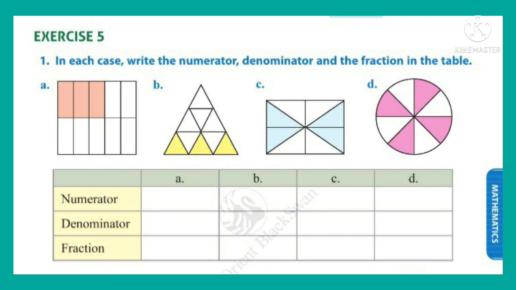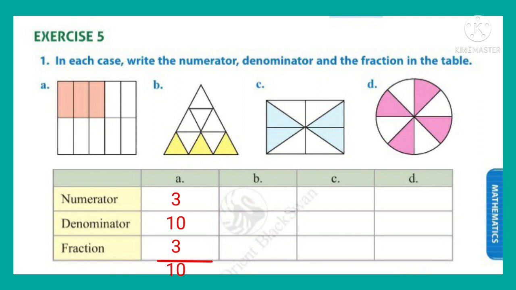Yes, there are 10 equal parts. So that will be the denominator. And what will be the numerator? It is the number of parts taken or colored. How many parts are colored in the first figure? Yes, 3. So 3 will be the numerator. Then what will be the fraction? 3 by 10.